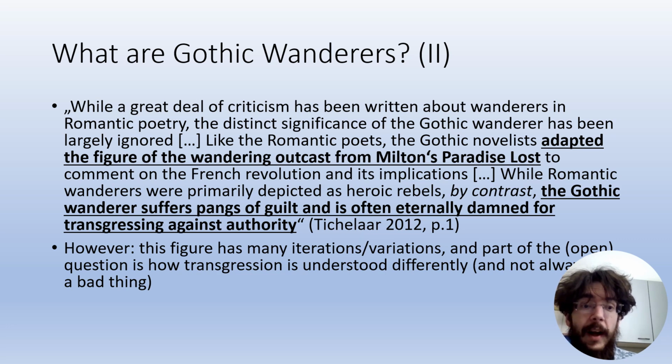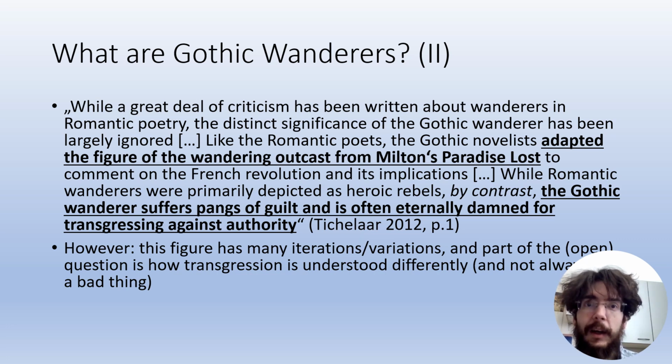And now we can ask what exactly is meant by transgression. That's not always clear, not always used in the same sense, and not always with the same amount of theological connotations. But we can also ask whether there's really such a huge contrast between Romanticism and the Gothic in terms of the wanderer figures.